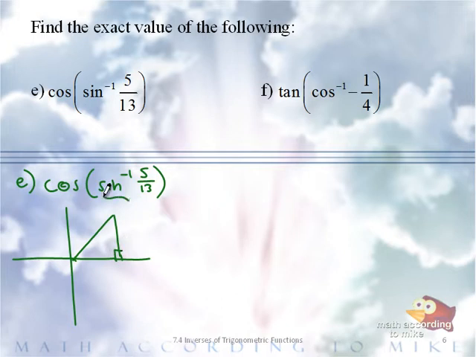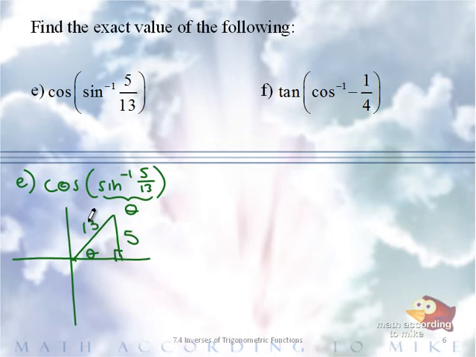So if, for instance, we call this angle in here theta, where would I put the 5? In reference to theta? Opposite. And where would the 13 go? Hypotenuse.